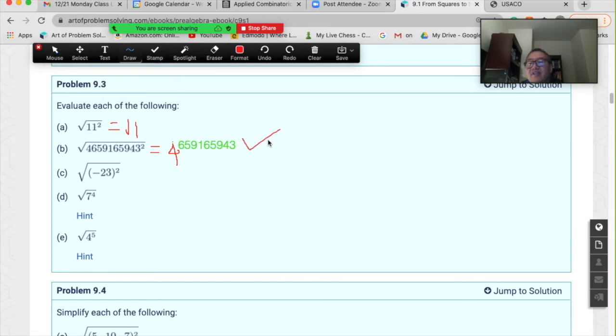Okay, very good. Now, C, be careful. Can you do number C? I feel like this is easy, but it's also like a trap. Yeah, correct. Very good. You should not write negative 23. If you write negative 23, that's wrong, okay? Because the square root of a number always gives you a positive number or 0. You cannot get a negative number there, okay?